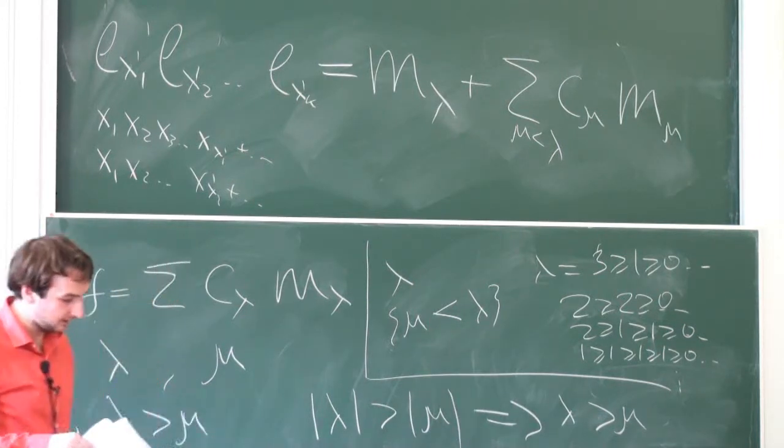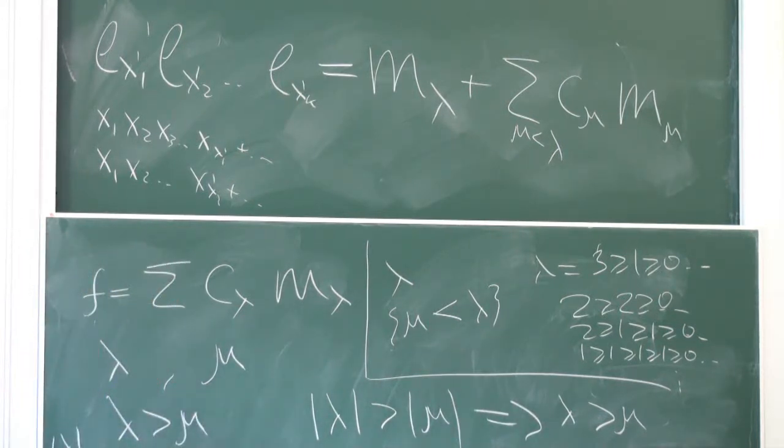So for now, we also need to relate symmetric functions in infinitely many variables to symmetric functions in finitely many variables. So this is done through the following map.